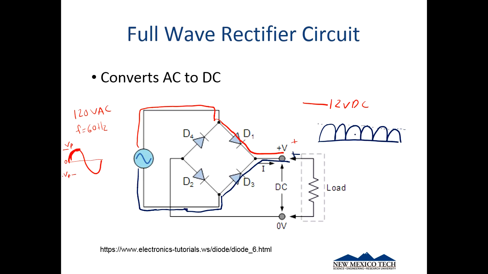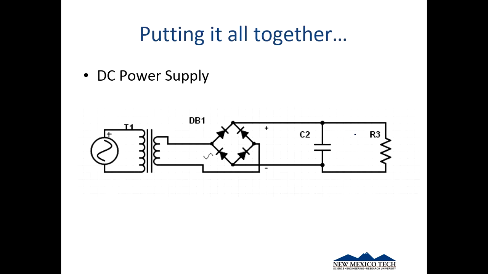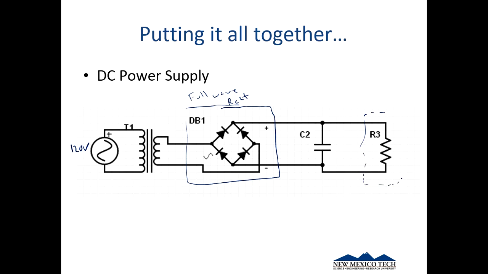So when we start putting all this stuff together, this is an example of your phone charger. And like I say, we got our 120 volts here. We covered this piece. This is your full-wave rectifier. Maybe this is your cell phone plugged in over here. This part here, this is a transformer.